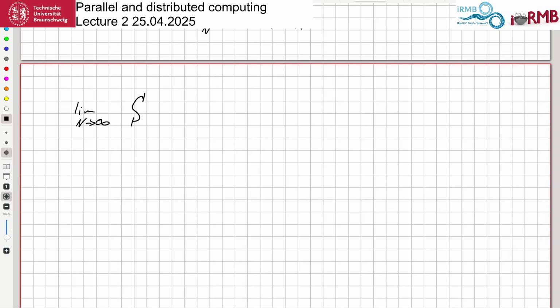This you get by taking the limit of n going to infinity of n divided by n times Fs plus Fp, so the serial fraction plus the parallel fraction, and this obviously becomes 1 over the serial fraction.